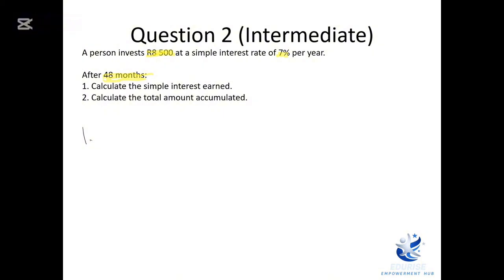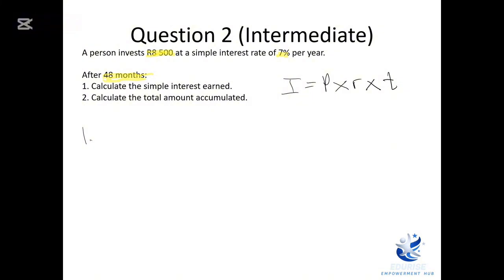First, let's write down our formula. The interest is equal to the principal amount multiplied by the interest rate per year multiplied by the time in years. In this case we are given months, so we have to convert our months to years.